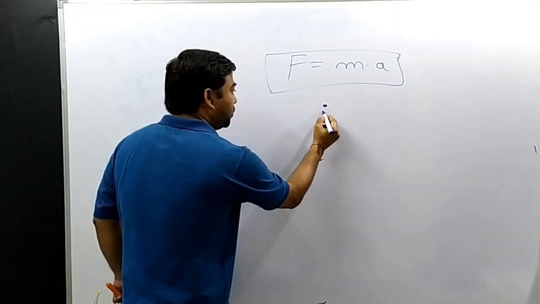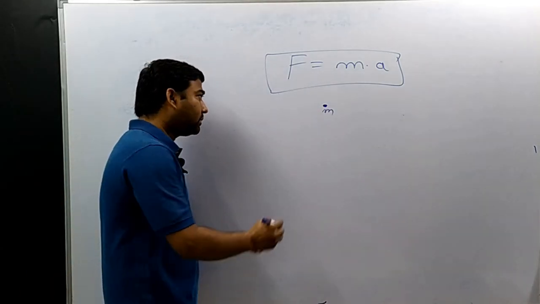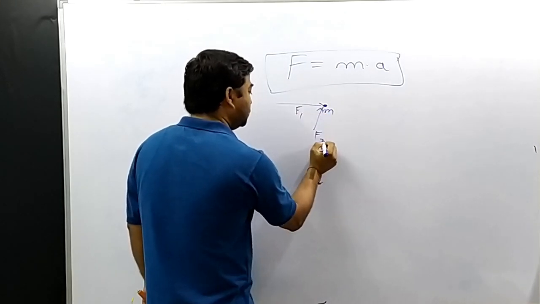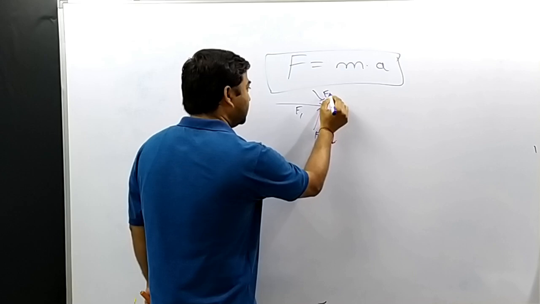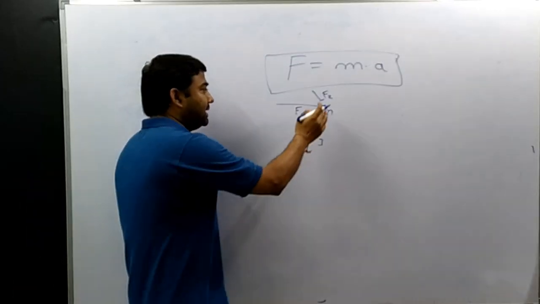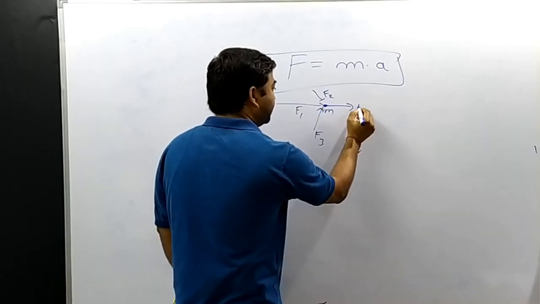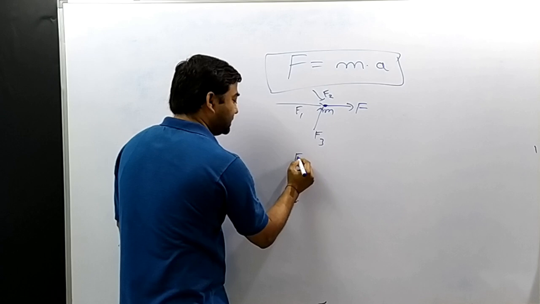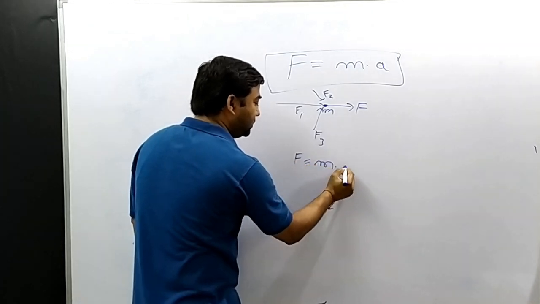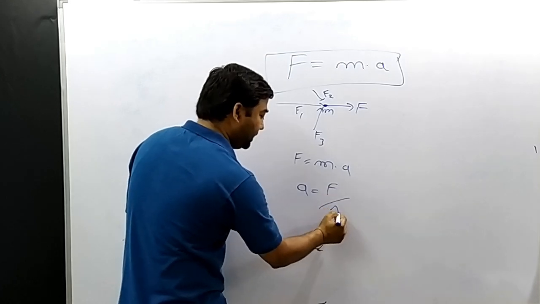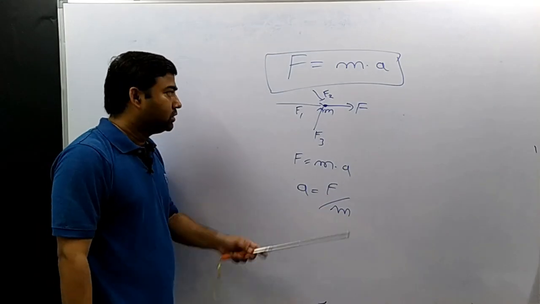If this is a point having mass m and different forces F1, F2, F3 are acting on this, and the resultant force is F, then we can say F is equal to m into A, or acceleration A is equal to resultant force by mass.